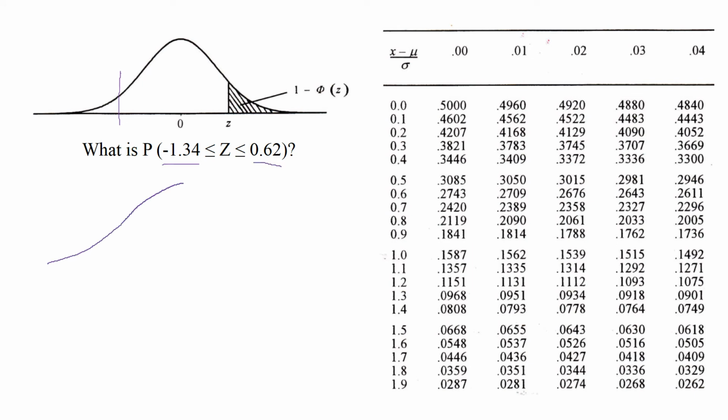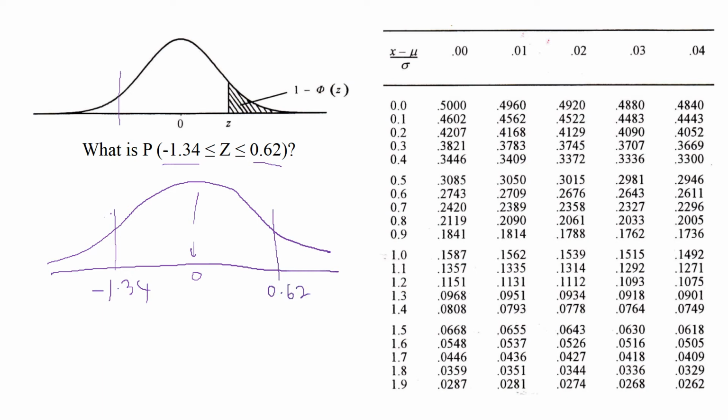If we make our own bell curve here, we know this is 0, so negative 1.34 is somewhere here, and 0.62 is somewhere here. We want to find the area in between, the probability between these two values.